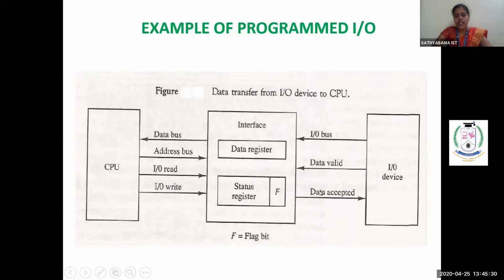If it is 0, the data accepted line will be disabled and the data valid line will be enabled. Why is it enabled? The input output device should not be able to send one more interrupt to the data valid line while the data accepted line is enabled. So this one is enabling and this one is disabling.